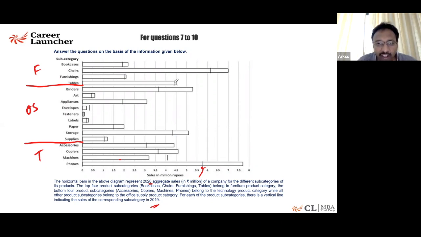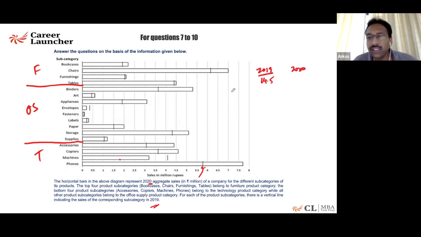So 4.5, 4.4, 6.4, 7.4, 8.4, 8.3, we can take. 8.3 plus 6, 14.3, 14.5. So it is starting from 14.5 in 2019.